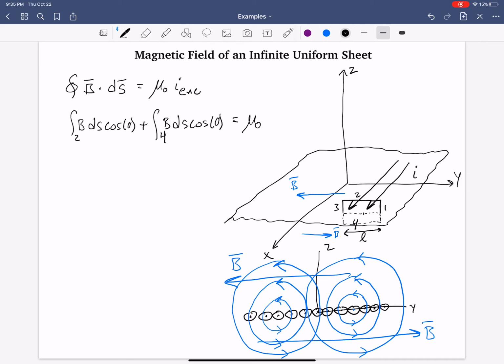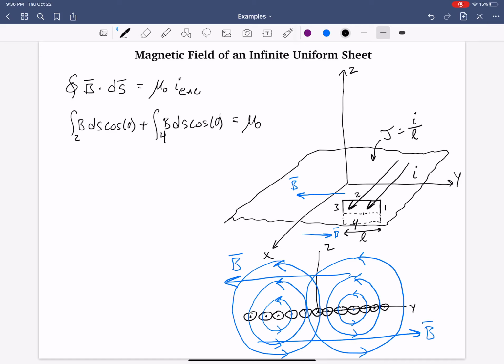What's the I enclosed? I could just say I, but this is a sheet, right? Typically, we don't talk about it in terms of current. We talk about it in terms of current density, J, which is related to the current simply by I over some area, or in this case, length, right?